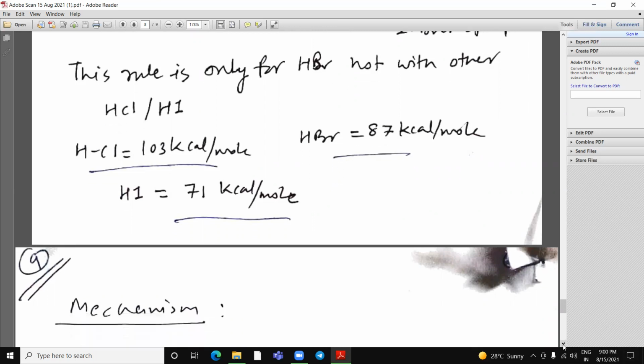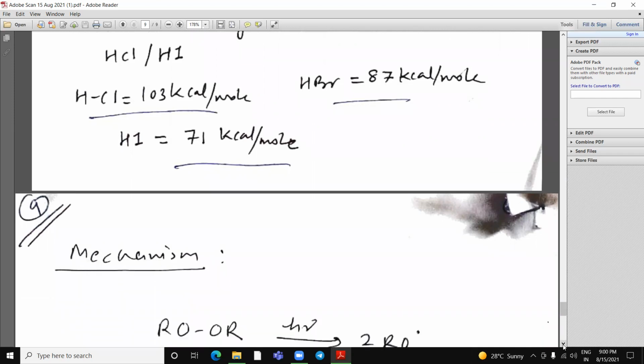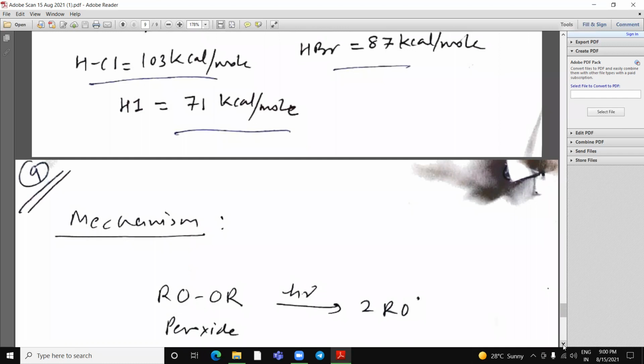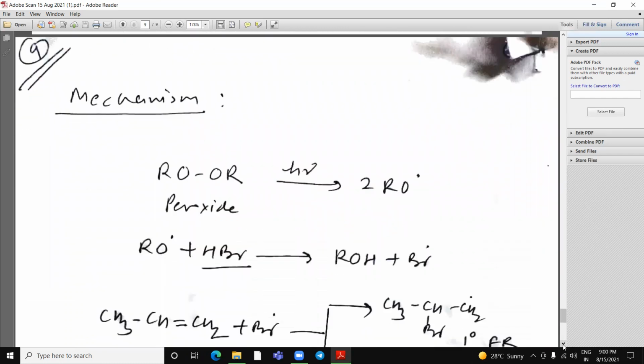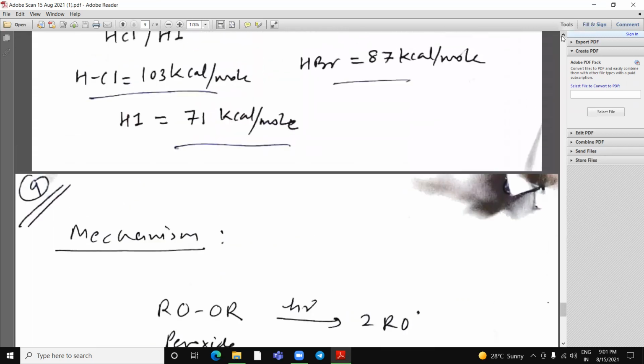So when we are doing this reaction in presence of peroxide, this alkoxy free radical has energy to cleave HBr, which is 87.